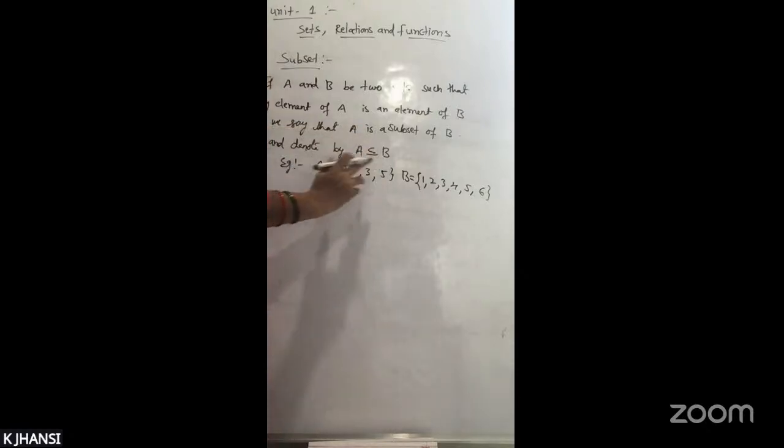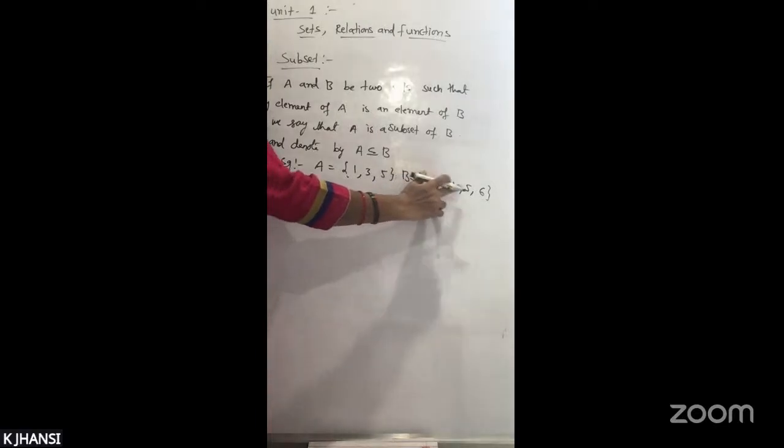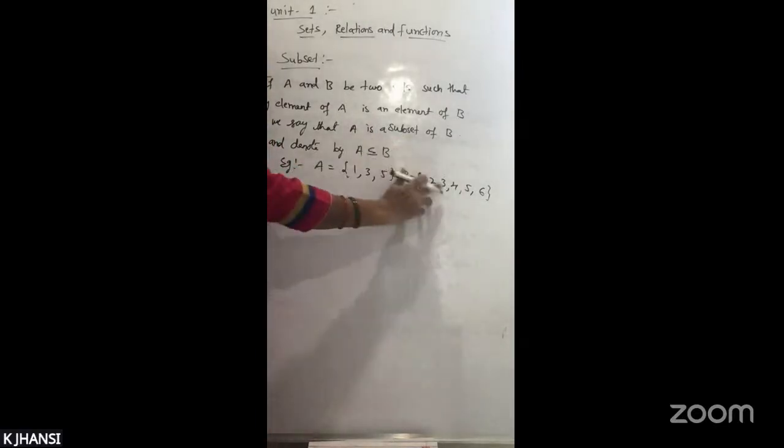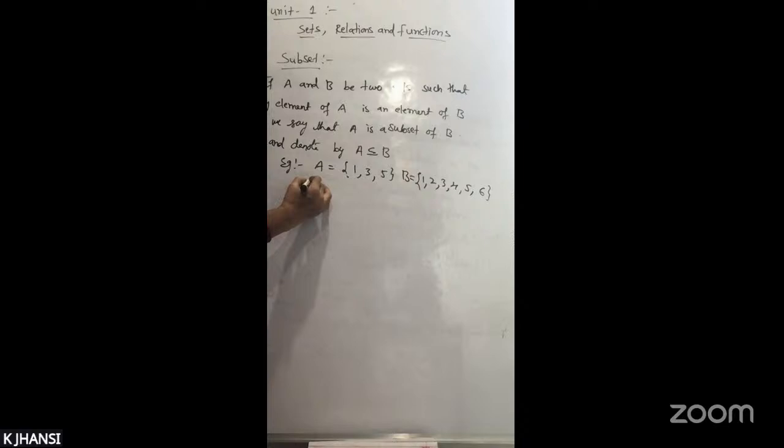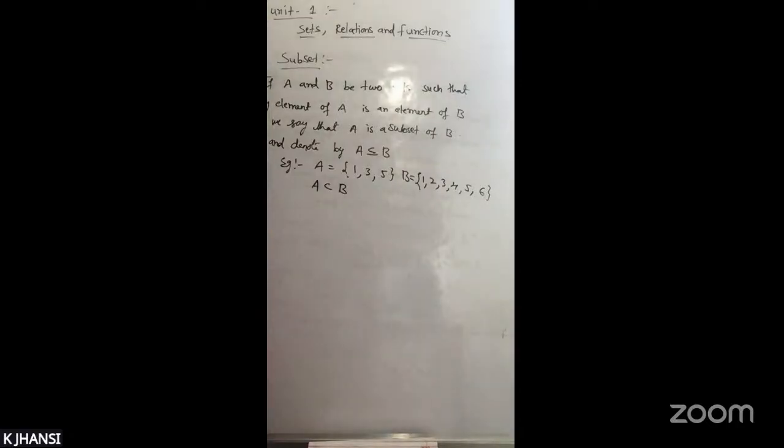So we have here in B 1, 3, 5. So A is subset of B. A is subset or equals to B. Here, not equals to. Why? Because other than these 1, 3, 5, you have other elements there. So then we'll write it as A is a proper subset of B.